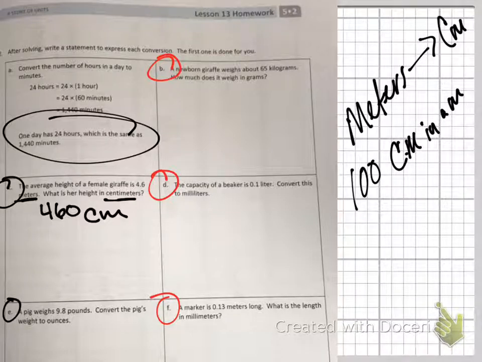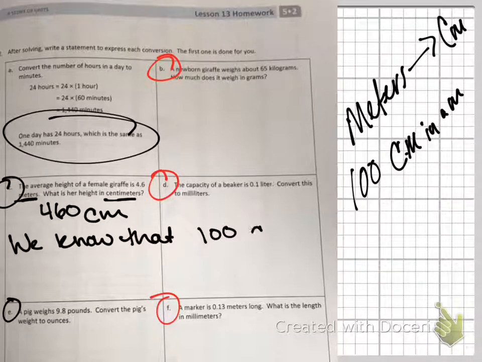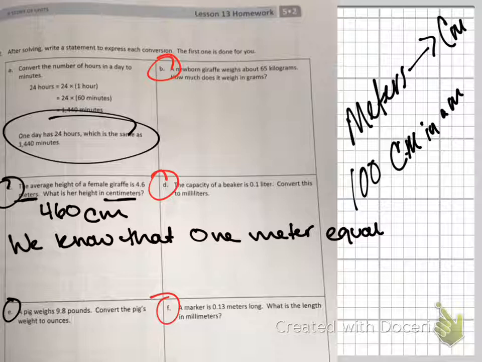So the original question is the average height of a female giraffe is 4 and 6 tenths meters. What is her height in centimeters? We know that 1 meter equals 100 centimeters. If the height of an average giraffe is 4 and 6 tenths meters, then the average height in centimeters is 460. I'm just going to let you know English was not my favorite subject through school, so I rewrite stuff all the time.